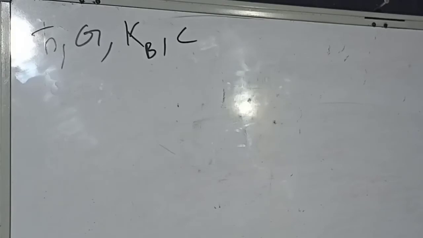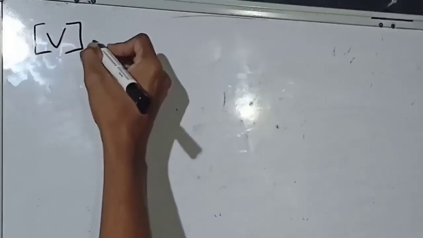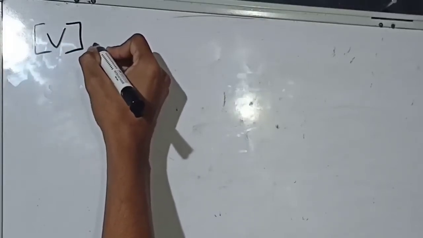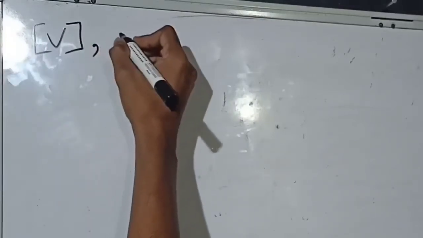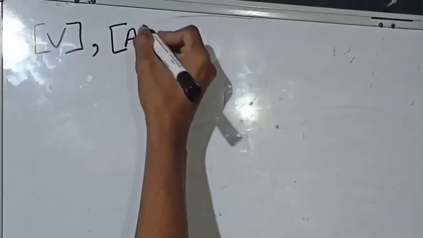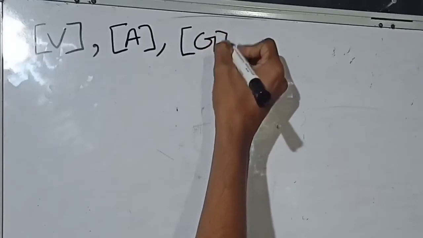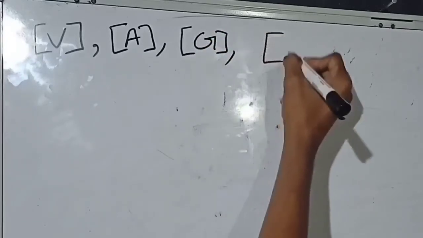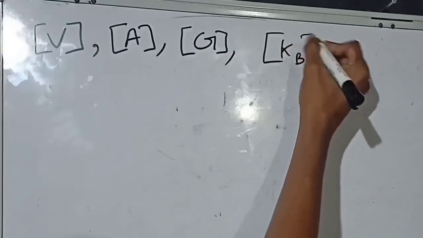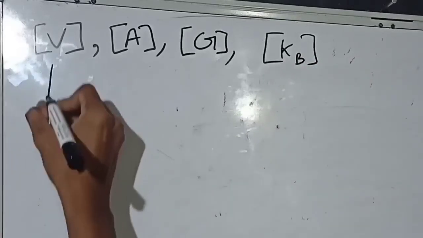And these Planck's natural dimensions are extensively used to study theoretical physics and also in our particular chapter. In Planck's natural dimensions, we choose the dimension of velocity, dimension of action, dimension of gravitational constant, and dimension of the Boltzmann constant as the fundamental dimensions.